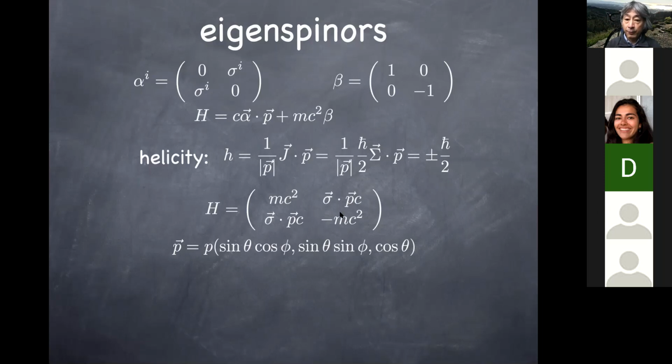So we now solve for the eigenstate of this 2 by 2 matrix sigma dot p. For this purpose, it's convenient to write the momentum vector in spherical coordinates with the polar angle theta and azimuthal angle phi in the usual way. Then you can find the eigen solutions for the sigma dot p 2 by 2 matrix.